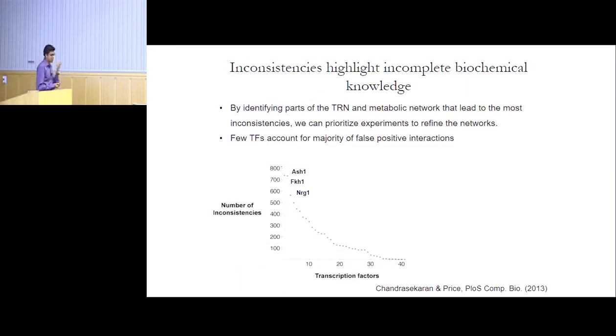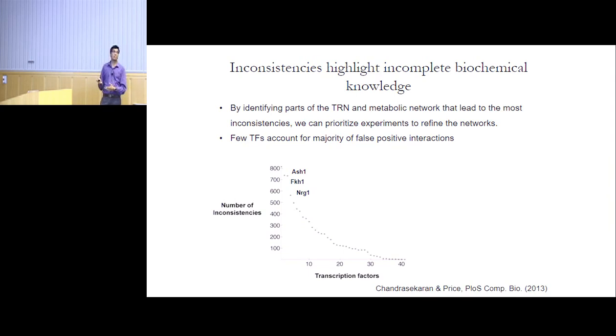So we applied GEMINI to yeast, where we had more than 20,000 regulatory interactions, and most of this data was pretty noisy. This was from different sources like ChIP-seq data, RNAi, gene knockout, motif search algorithms. And what we found was that when we used PROM to predict phenotypes, we found a lot of errors, what we call inconsistencies between model predictions and experimental observations.